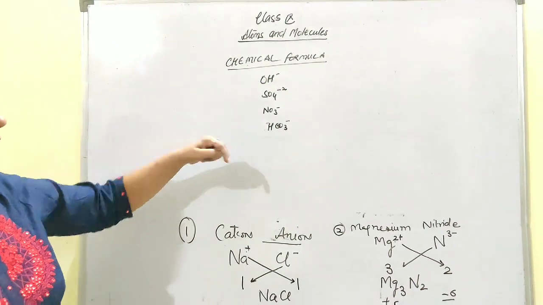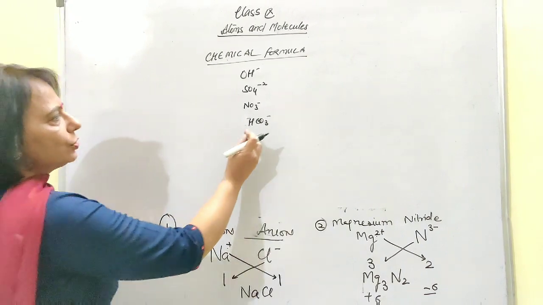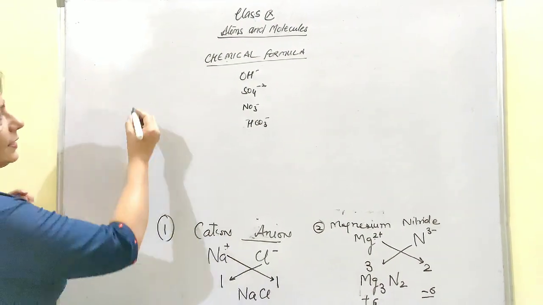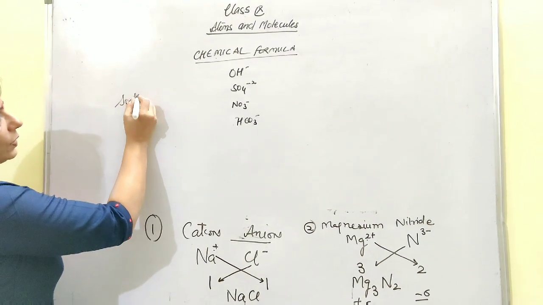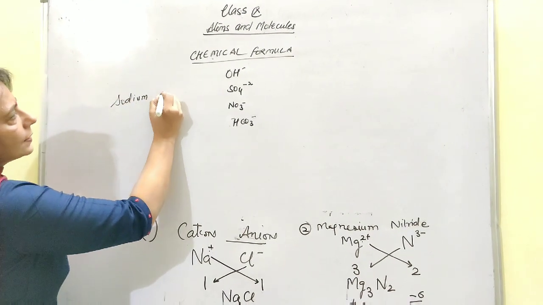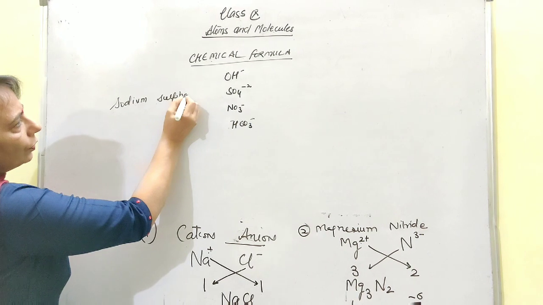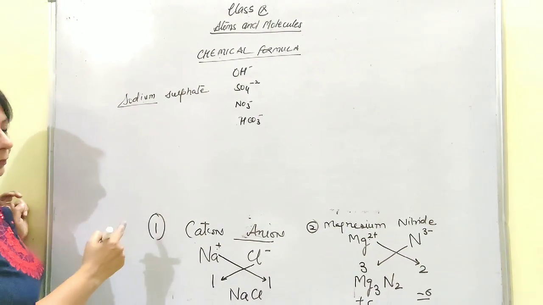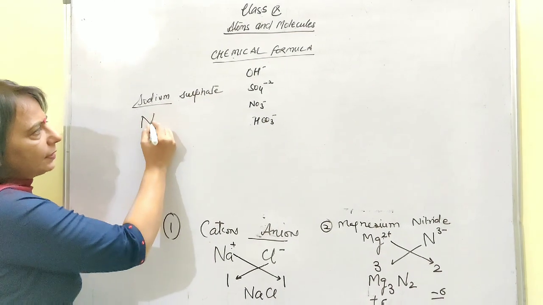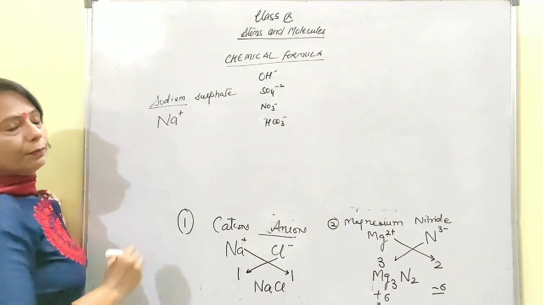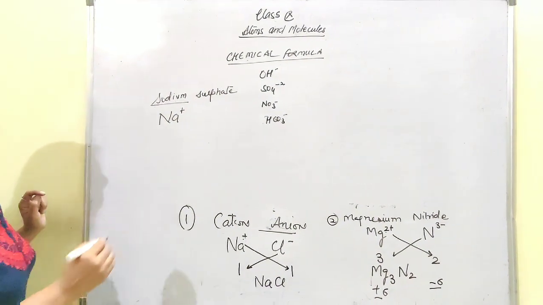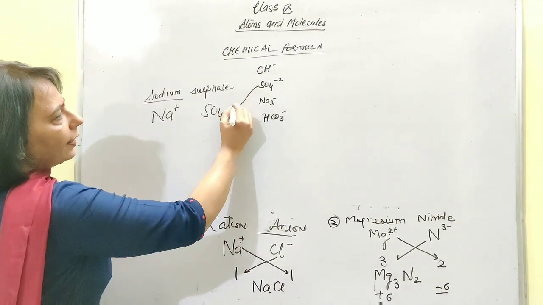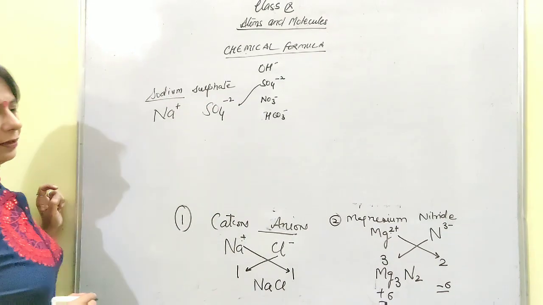Now I want to tell you how to form a compound with the help of these polyatomic ions. Let's say I have a compound which is sodium sulfate. Sodium will definitely be coming in the form of a cation, so sodium has the valency of +1. And sulfate is SO4, which I am writing with 2 negative charge.